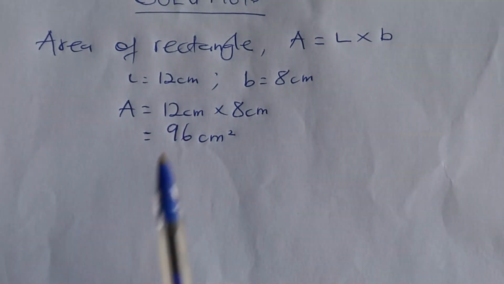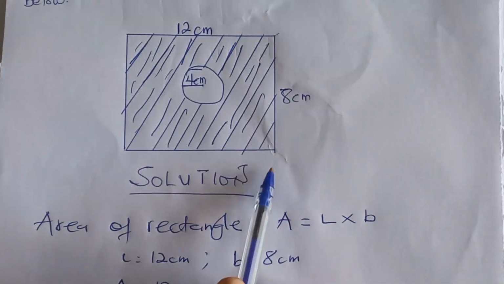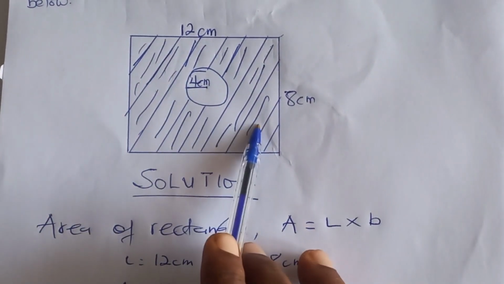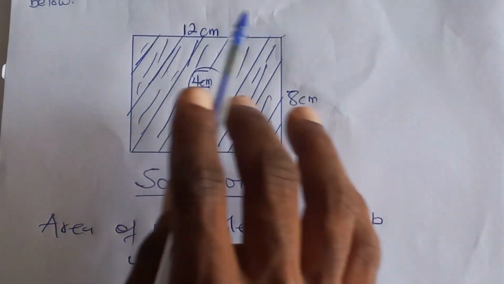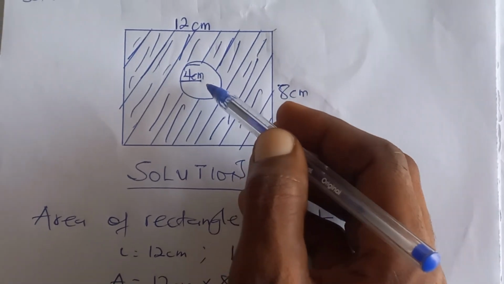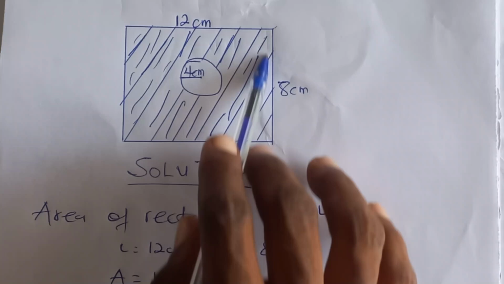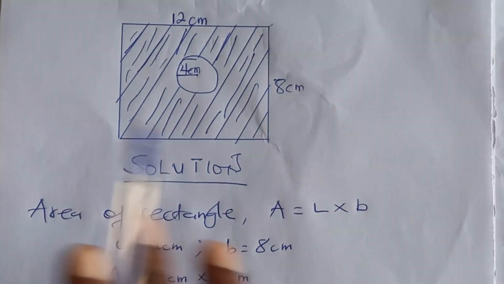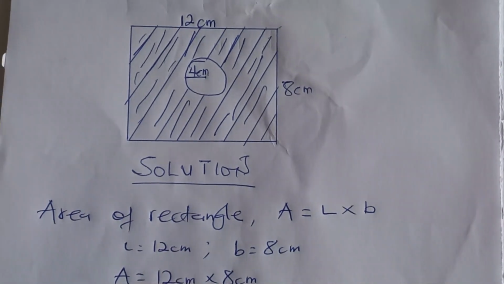We are calculating the total area of this rectangle because after calculating the total area, we can calculate that of the circle so that we subtract from the rectangle, and we are going to get our answer, which is the shaded portion. Let me repeat again.